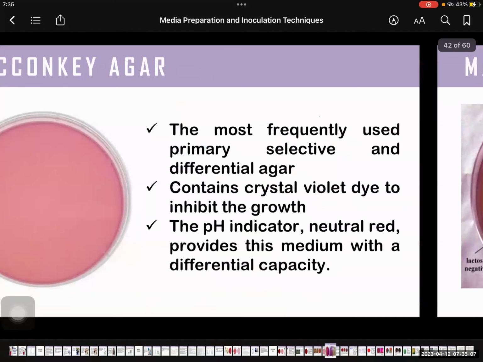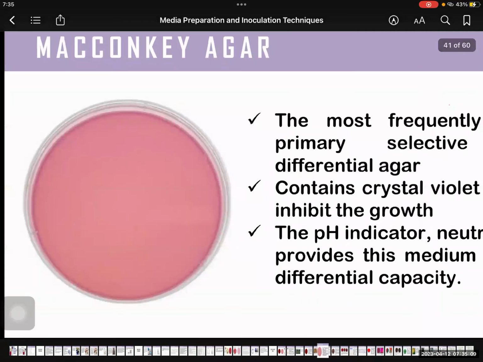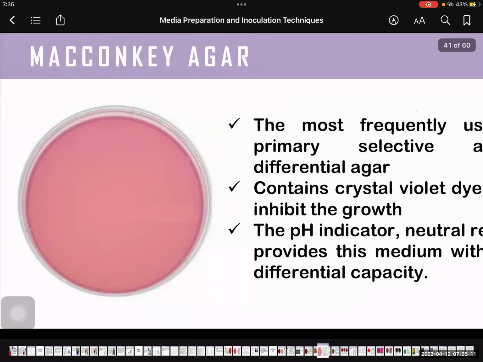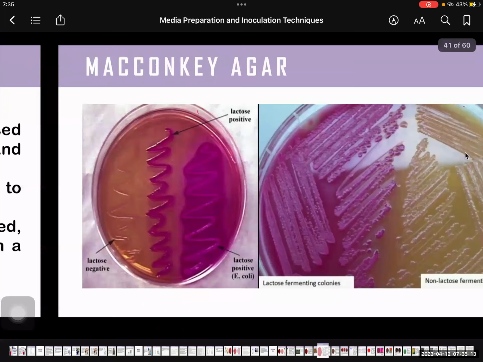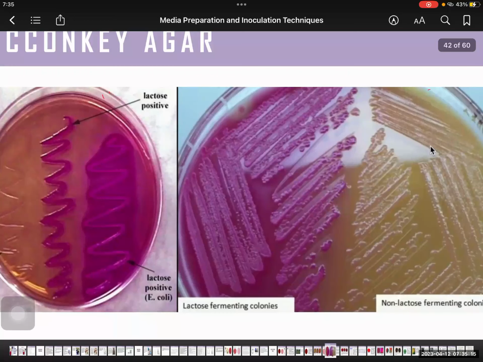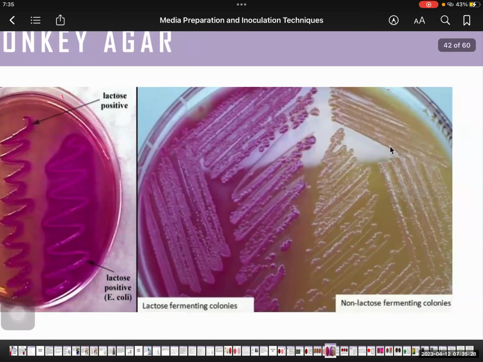So if you're going to differentiate, this is the regular color of MacConkey, and then there will be a deeper pink color versus non-lactose fermenters, which will have a more alkaline pH because of the absence of acid production and will assume a yellow color agar with clear colonies.